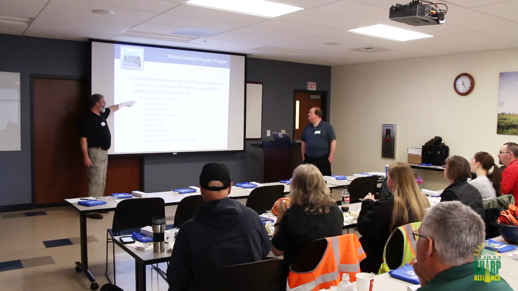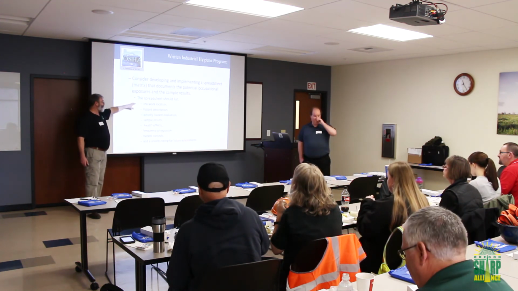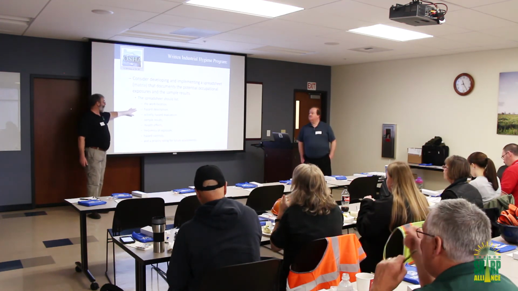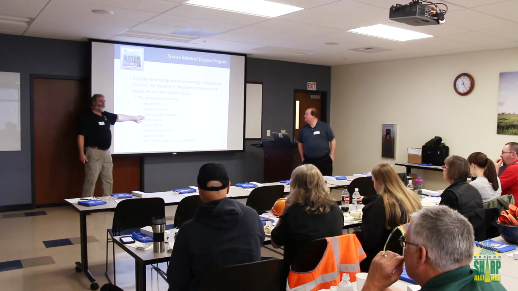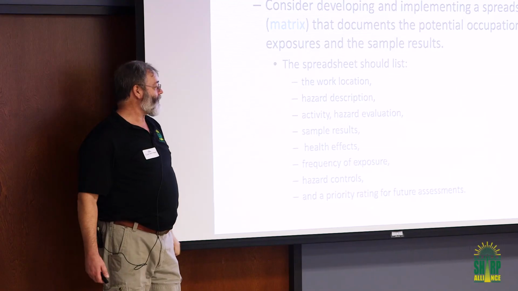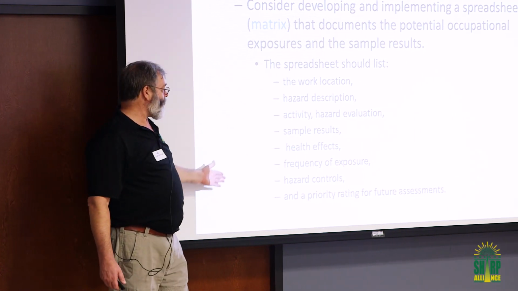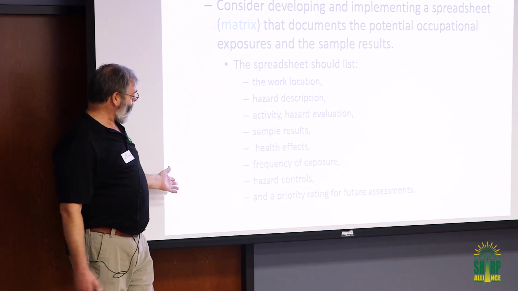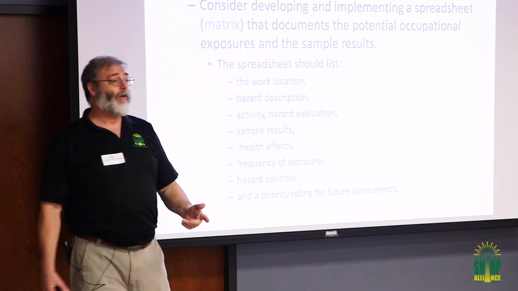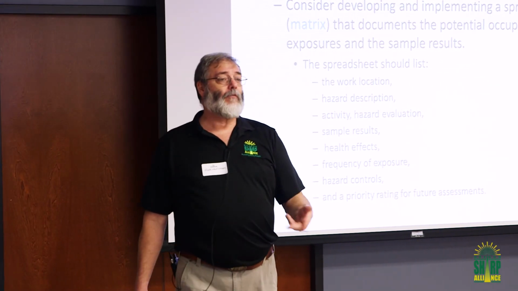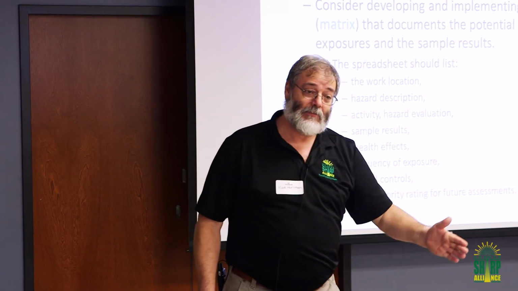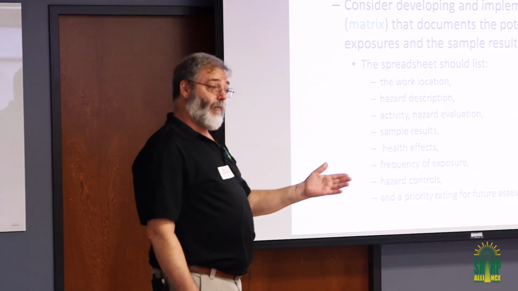That spreadsheet really needs to talk about where it was, what are the hazards, describing the hazards, what's the activity that was being done during the hazard evaluation, what were the results, what are the potential health effects, frequency of exposure, hazard controls, and a priority rating for future. How often do we want to come back and reassess this and verify that our numbers are still close to the same?